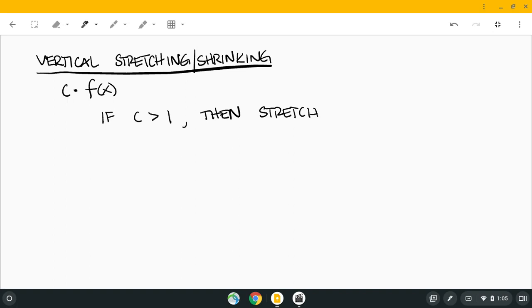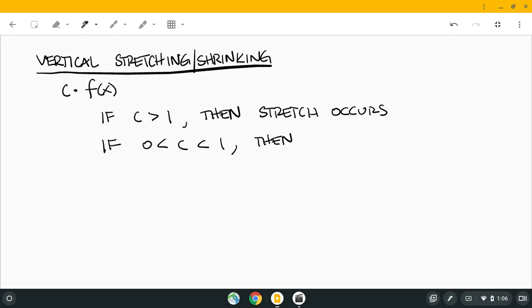now all of those y values get bigger, right? If you multiply those original y values of the parent function by a number that's between 0 and 1, like 1/2 or 1/3 or 2/3, then think of 1/2.